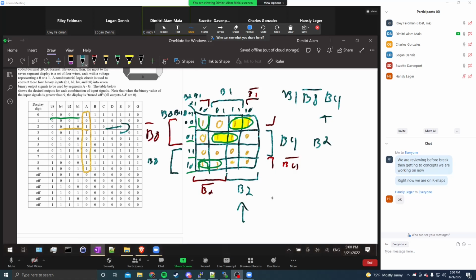And then not B8. And then it's also inside, I hate how messy this gets. Yes, it's B4 not. Yep, it's inside B4 not.